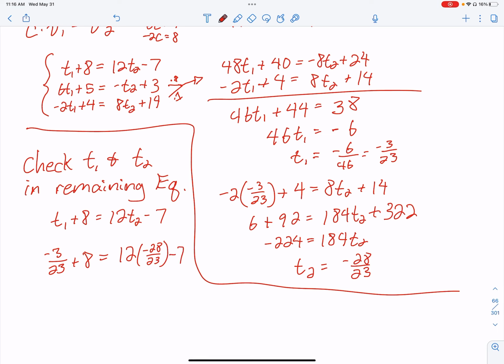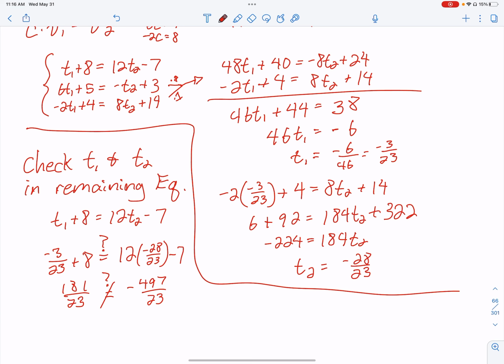Okay, so I'm going to do all this in my calculator. I'm going to do the right side first, times 12 minus 7. Remember we're questioning this. I got negative 497 over 23. Using my calculator, negative 3 over 23 plus 8, I got 181 over 23.